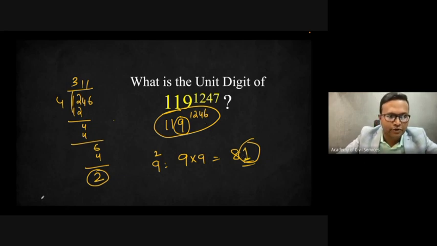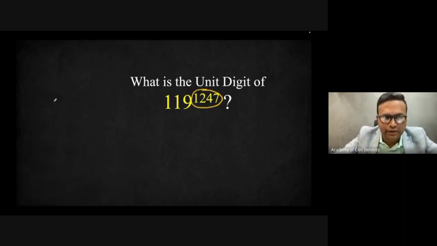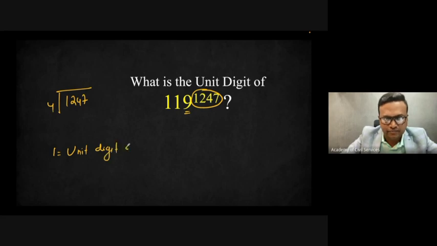Then the step you have to do is that you have to take out the power. Taking out the power, 1247 divide by 4. If 1 comes as a remainder, then unit digit of base power to 1.